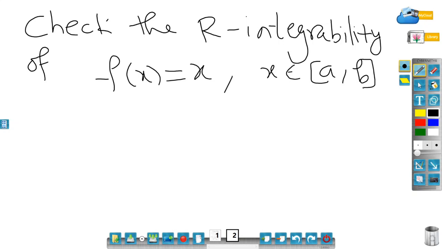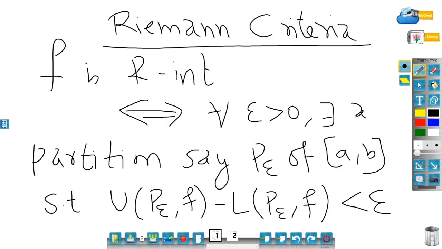That's the normal method to show a function is R integrable with the help of the definition. The second is the result which we have stated, that is the Riemann criteria. So this result is going to be very useful to check R integrability.